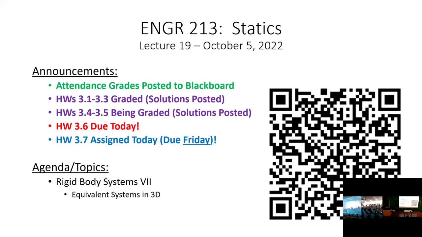So this is going to be our last lecture in Module 3 in rigid body systems, and what we cover today is looking at 3D. In Module 4, we have 1 or 2 3D topics in there. Nothing particularly challenging, but again, they can be kind of long.